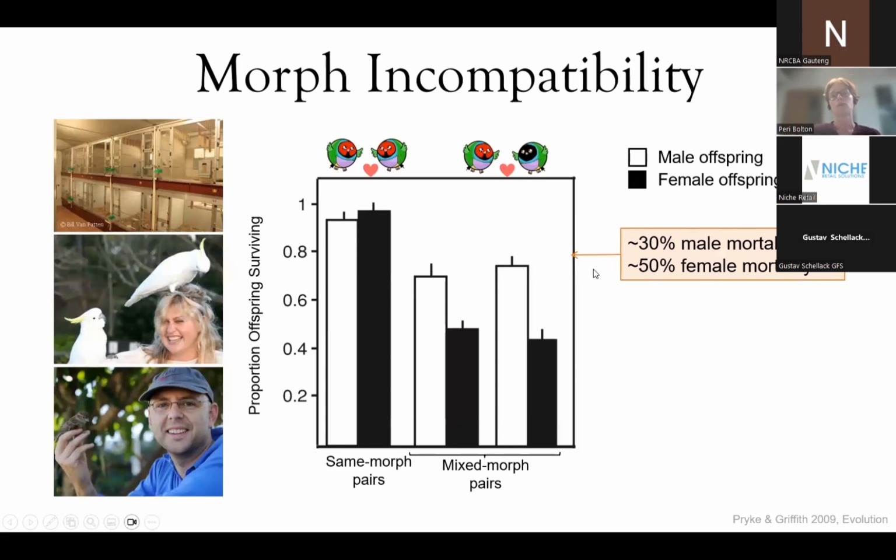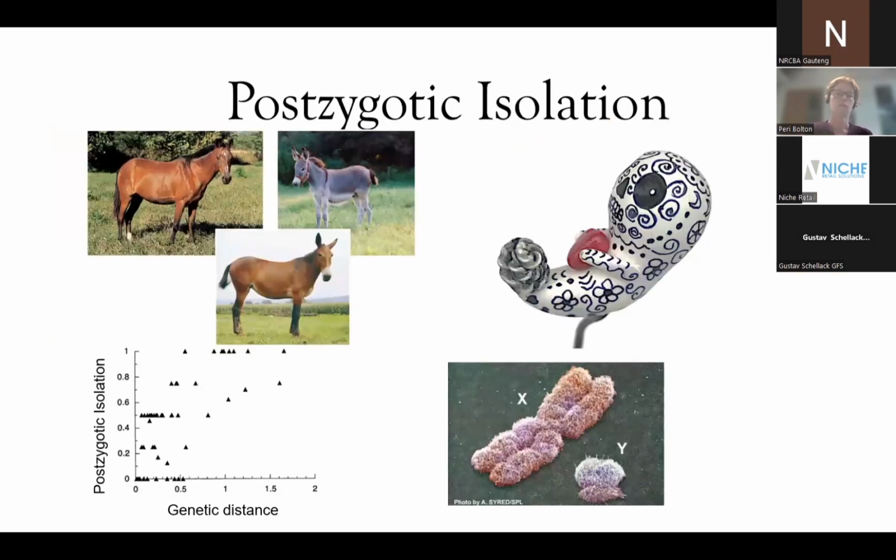Approximately 30% of male offspring died, and approximately 50% of female offspring died when you bred different head colors together as opposed to the same head color. This is really unusual because this sort of incompatibility is usually seen between hybridizing different species, not members of the same species.